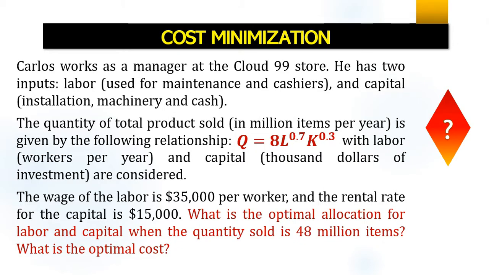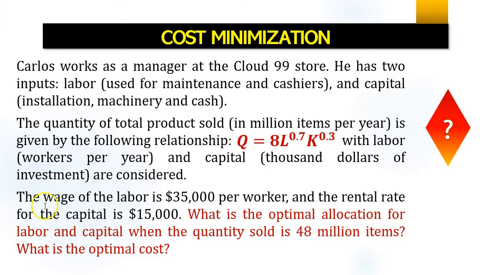Here we have that Carlo works as a manager at the Cloud 99 store. He has two inputs, labor, which is used for maintenance and cashiers, and capital, which is used for installation, machinery, and cash. The quantity of total product sold in million items per year is given by this production function, in which L is labor and K is capital.